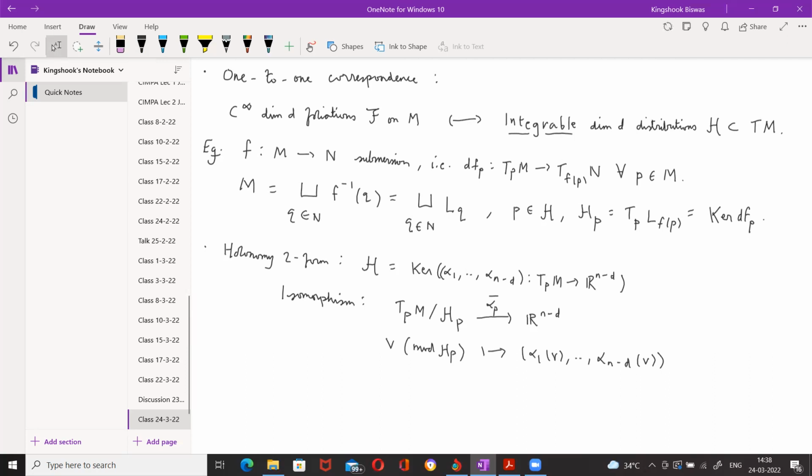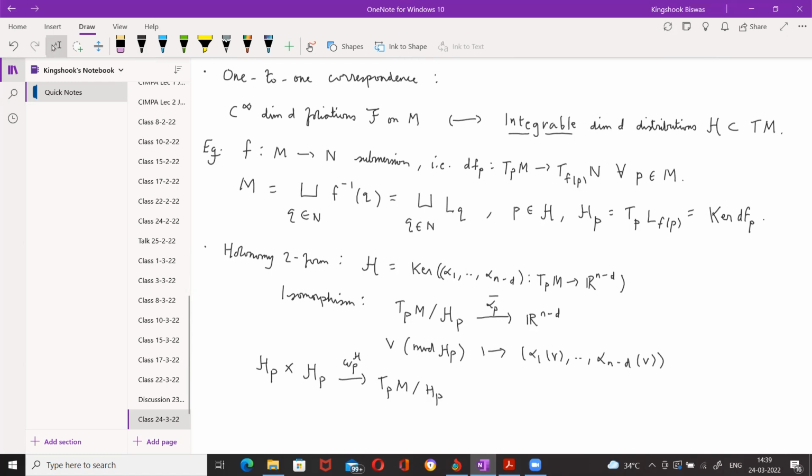Okay, so then we have this holonomy 2 form. What we can do is compose it with this isomorphism. So we had HP cross HP, and we had our omega P of H, which maps to TPM mod HP.